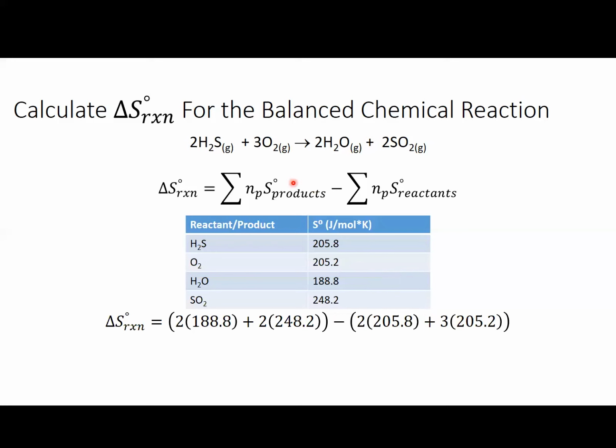These 2's come from the stoichiometric coefficients. I've got 2 moles of water in my reaction, so I need to multiply this by 2. I go through and I get the answer, negative 153.2 joules per mole Kelvin. That makes sense because I've got 5 molecules becoming 4 molecules.